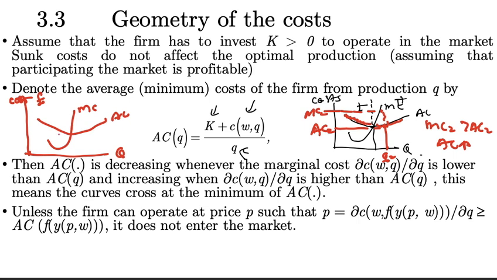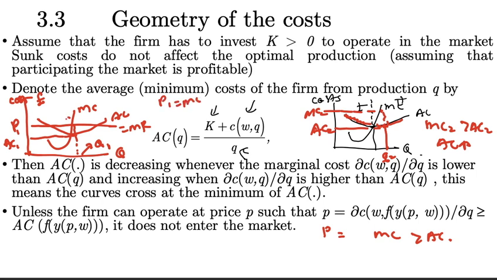So if we have a price, this is price equals MC greater than AC. So if price is here, MC equals P, because P here behaves like marginal revenue, so MR equals MC here. So AC is here at Q, let's say Q1, AC1 here, P1 here. As long as P1 equals MC at point A, but then it is greater than AC1. You get me? So it's Q here.